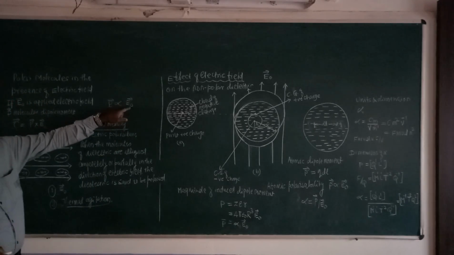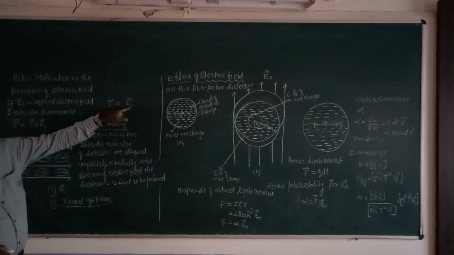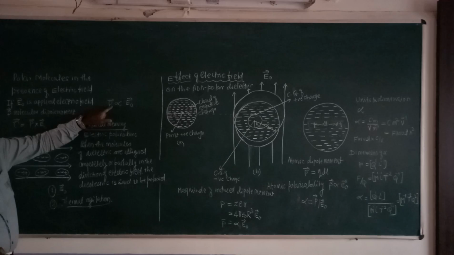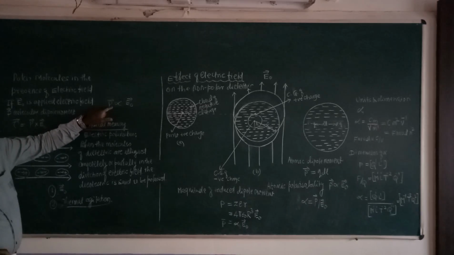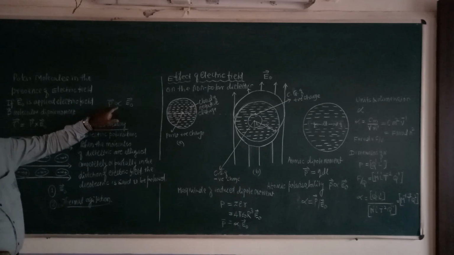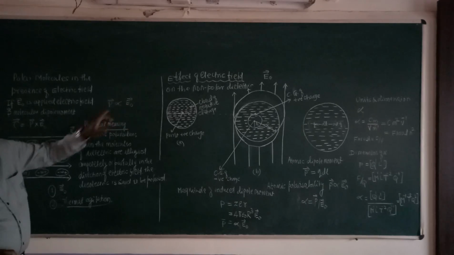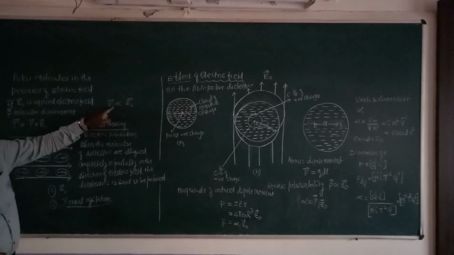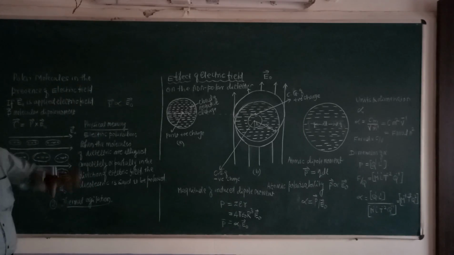If E0 is the external applied electric field and P is the total dipole moment, including induced dipole moment, P is proportional to E0, provided that temperature is constant. At a given temperature, P is proportional to E0.